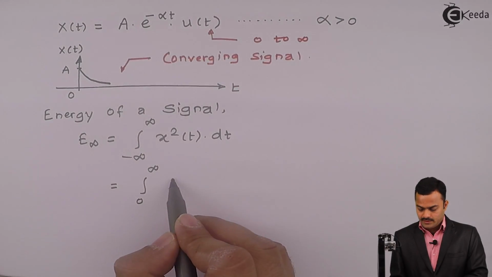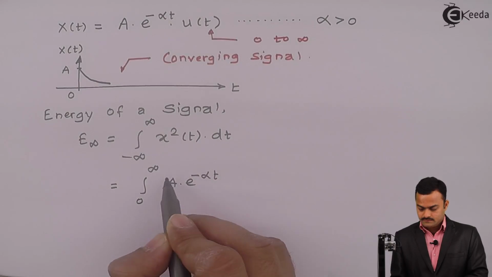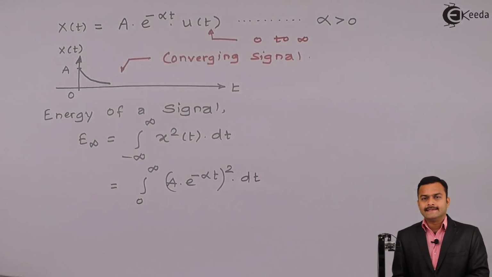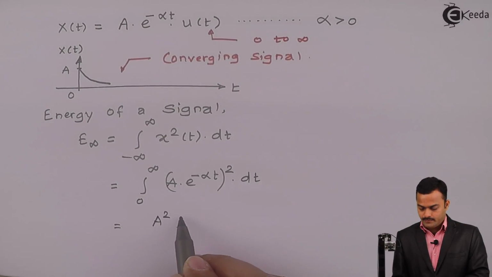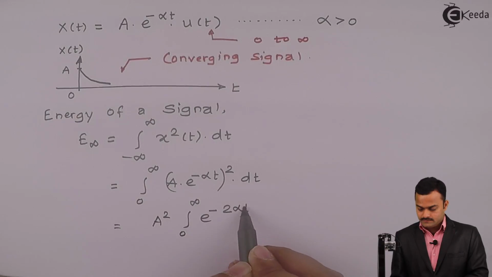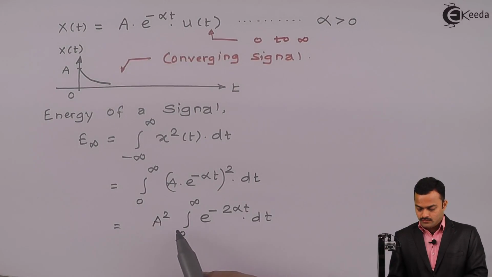So in the end I will get the signal as e raised to minus alpha t, squared, dt. So A square can be taken out of the integral 0 to infinity e raised to minus 2 alpha t dt. Now I need to find out the integral of this.